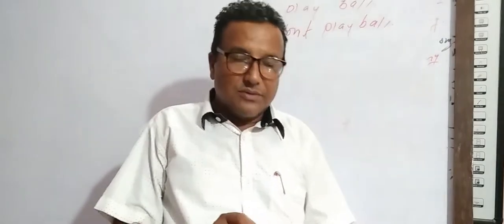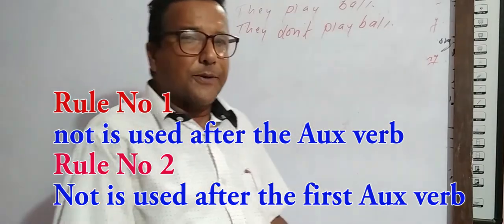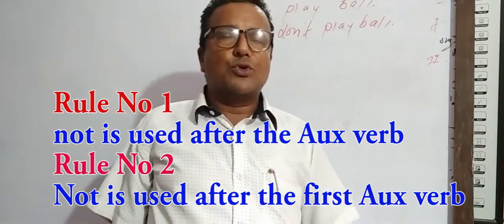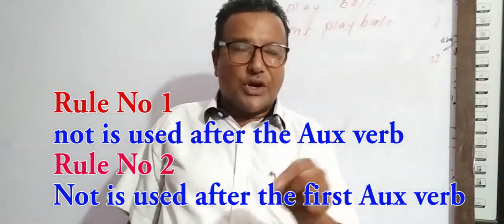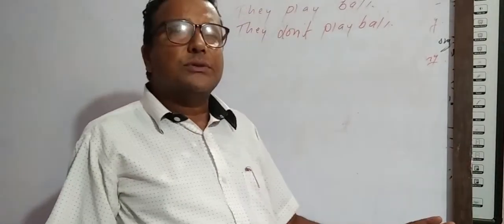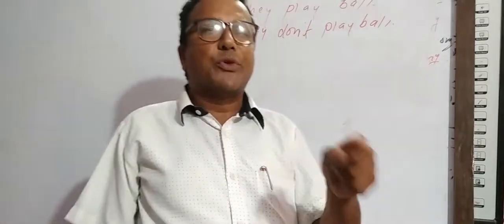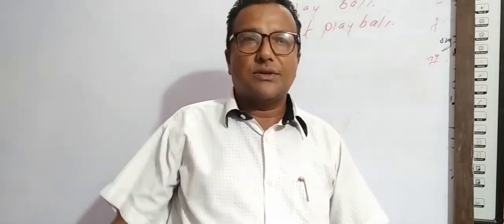First of all, not is used after the auxiliary verb. Second rule, if there are two or more auxiliary verbs, not is used after the first auxiliary verb. If there is no auxiliary verb and the main verb form is V1, then we have to use don't V1.